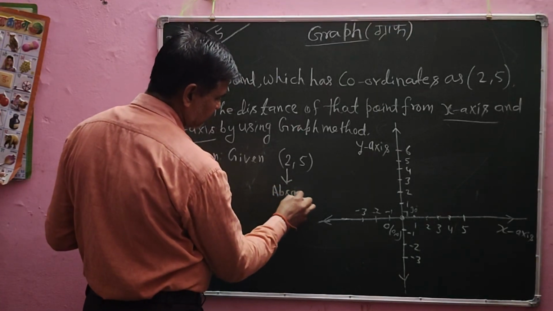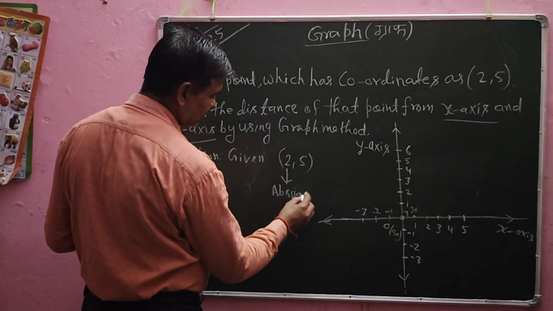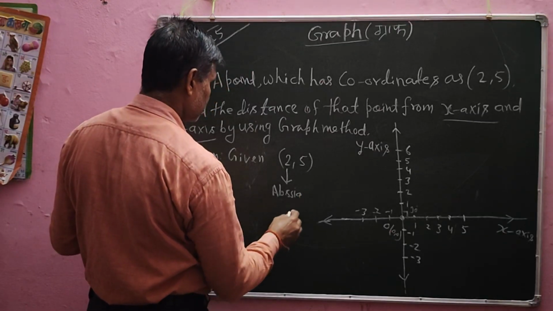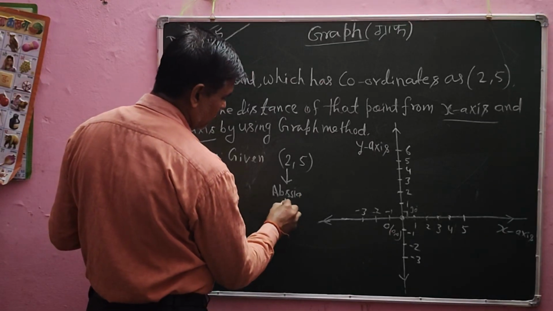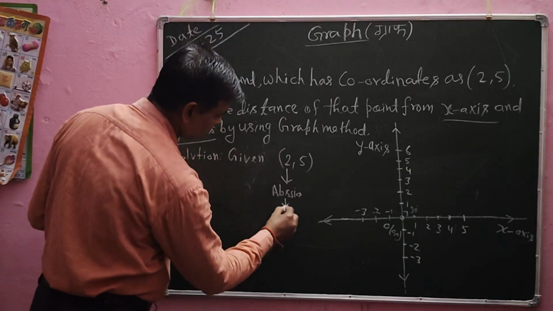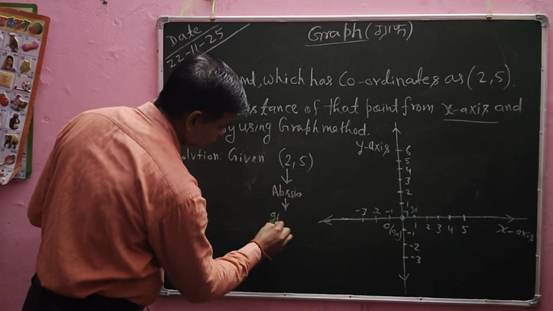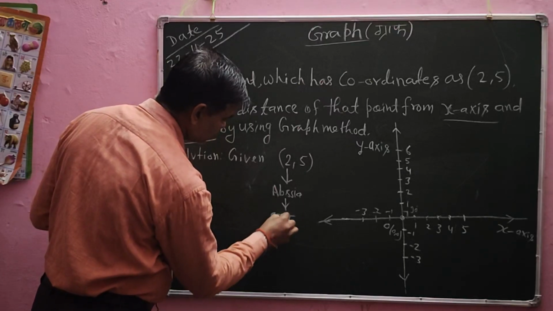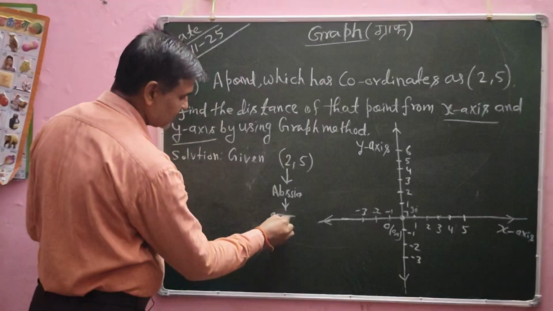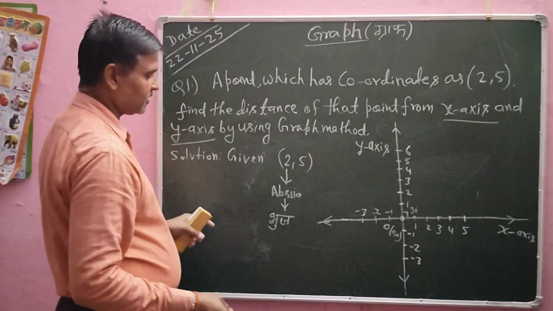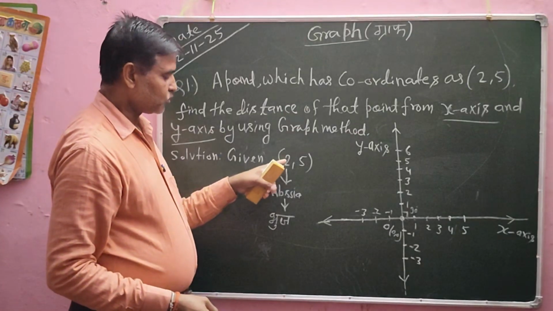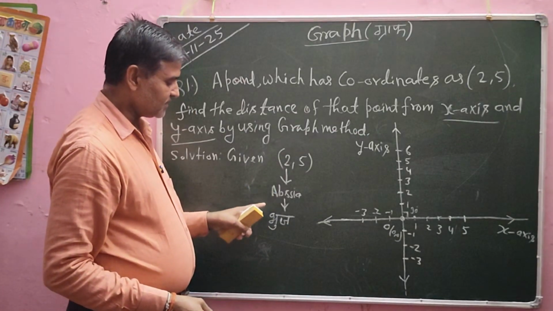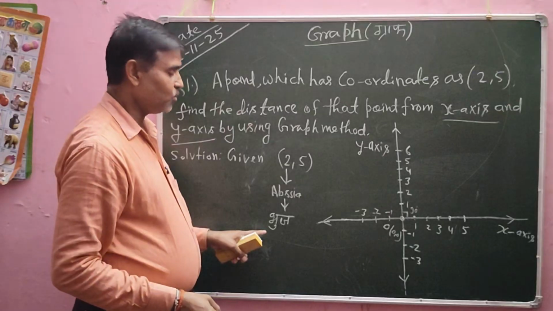I will say this is the abscissa, and it is also called bhuj in Hindi. I hope that each and every student knows it. If you students do not know it, you have to remember it. So 2 is also known as abscissa, and it is also called bhuj in Hindi.